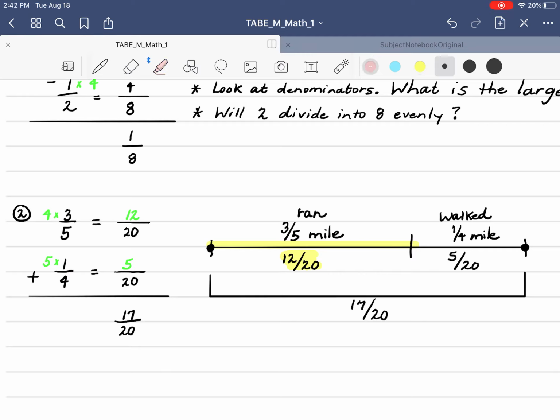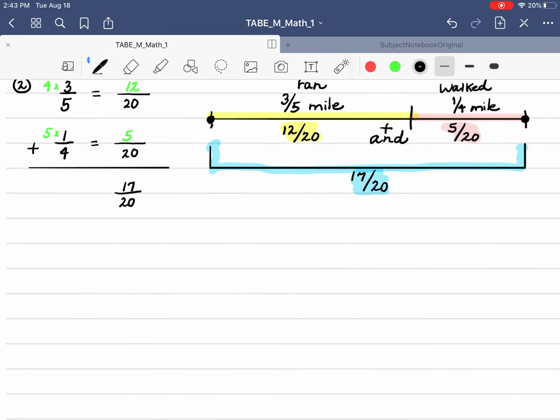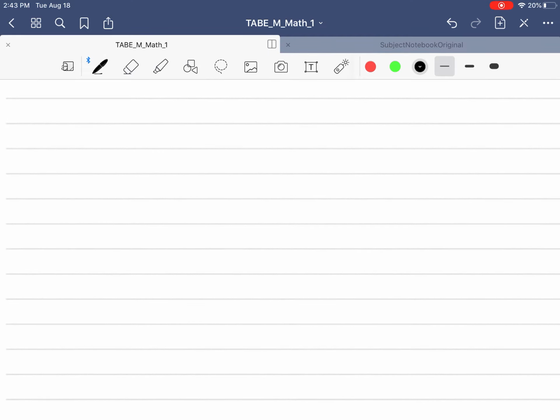So he ran 12/20 of a mile, and he walked 5/20 of a mile. So the total distance was 17/20. But we have to have those common denominators to make that determination, to add those numbers. And here's the word and. That means add.